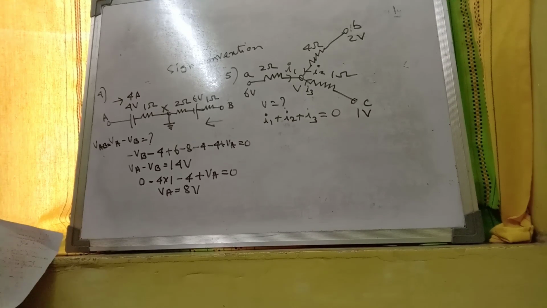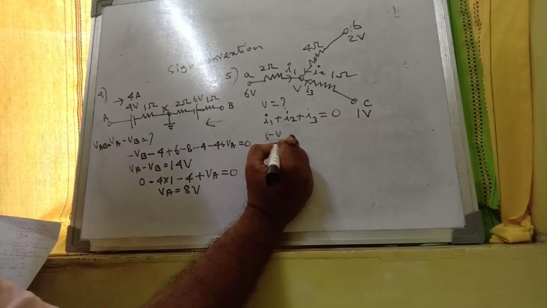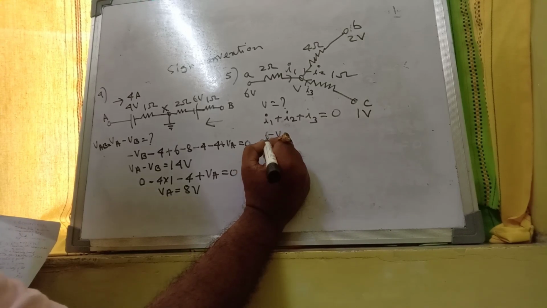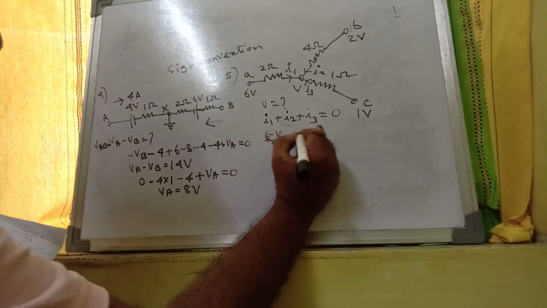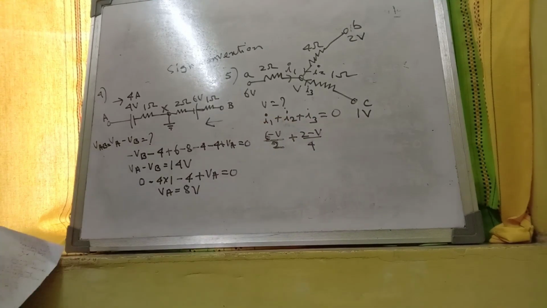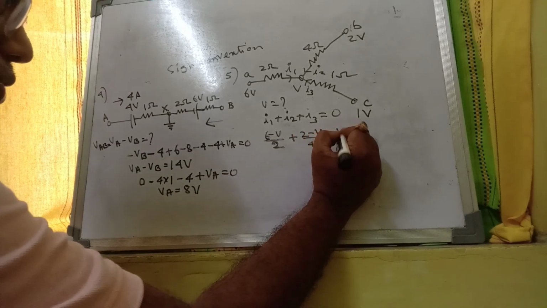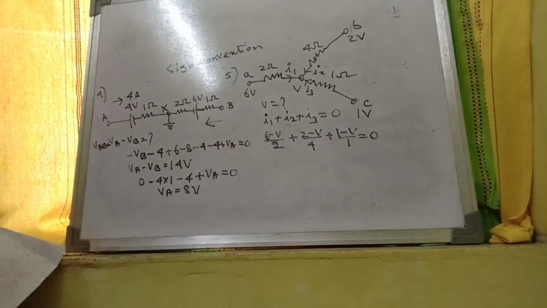So computing this, I am writing over here 6 minus V by 2 plus 2 minus V by 4. V is equal to IR, so I am doing V by R is equal to I. So I1 plus I2 plus 1 minus V by 1 is equal to 0.